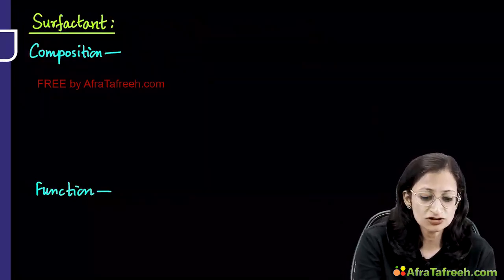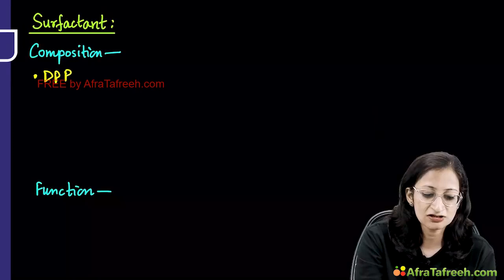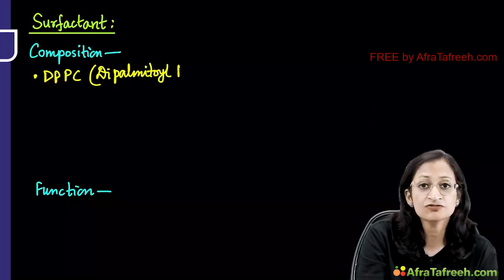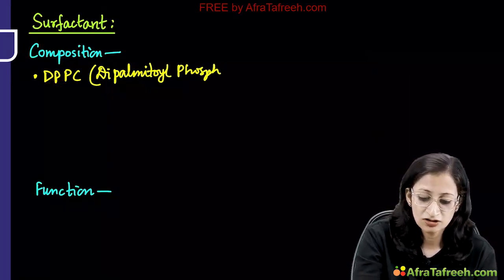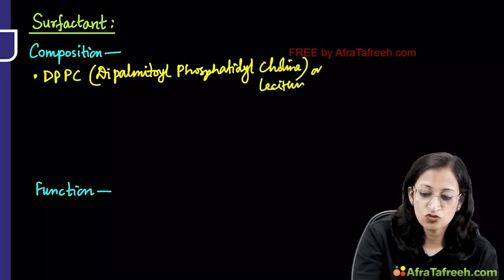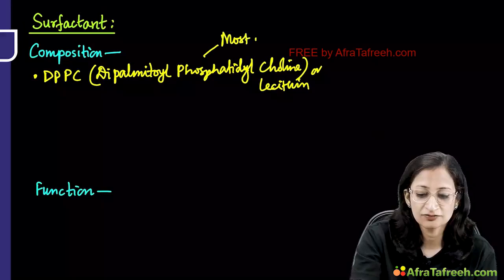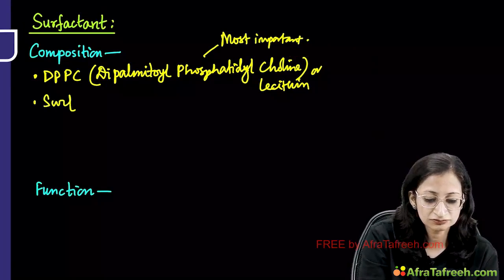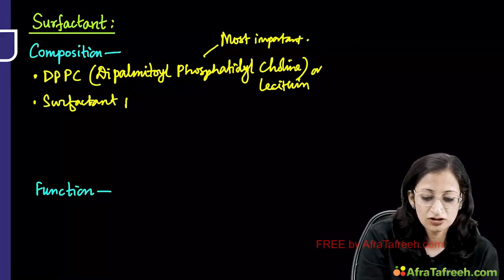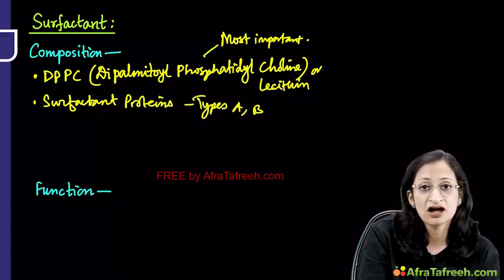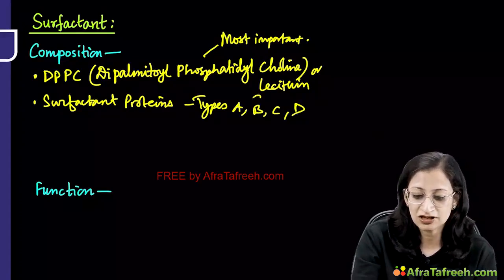One of the most important constituents of surfactant is DPPC, that is dipalmitoyl phosphatidylcholine, or lecithin. Apart from that, there are some surfactant proteins, types A, B, C and D, out of which surfactant protein type B is again the most important.